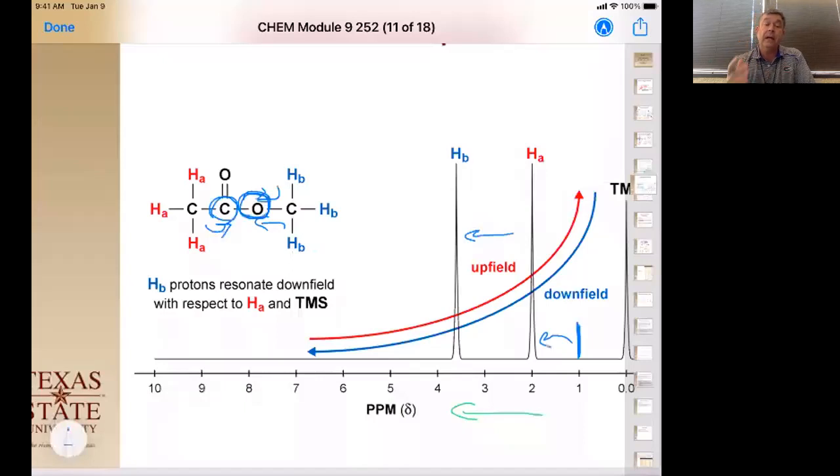So these inductive effects allow you to see how much electron density is around these unique types of hydrogens. Downfield is higher ppm numbers, upfield is lower ppm numbers. Anything that has a more electronegative atom, or as we start to see, double bonds and triple bonds, is going to shift things further downfield.